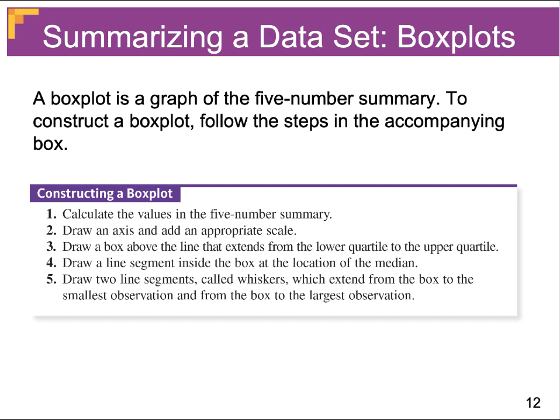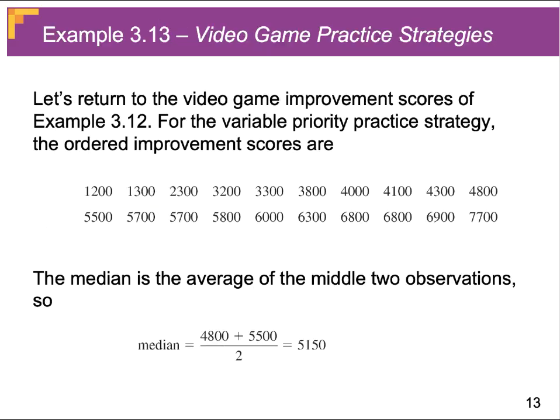These are really easy to produce using a computer, but they're also really easy to produce if you have the 5-number summary. So here, let's look at the variable priority practice strategy group. Here are their scores. We can get the median by looking at the middle 2 numbers, 4,800 and 5,500. Since this was an even number of observations, we have to add these together, divide by 2 to get our median.